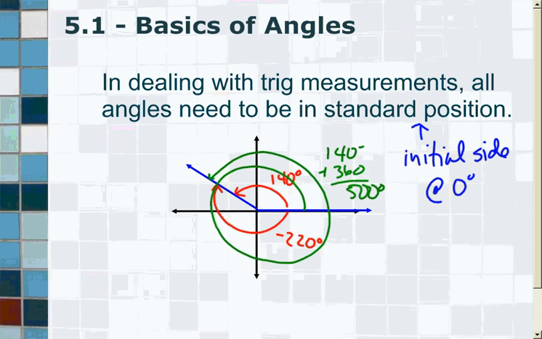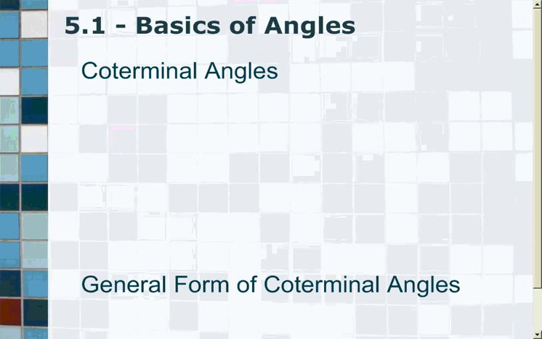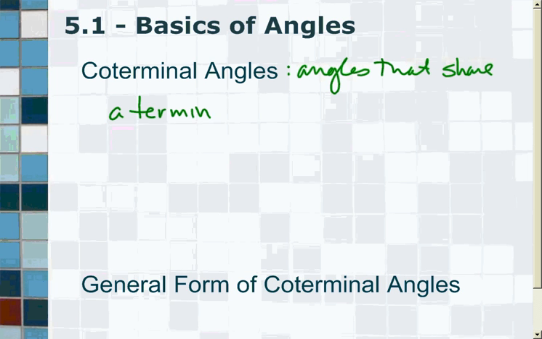Now, the thing about that is that those are going to be called, wait for it, coterminal angles. Coterminal angles are angles that share a terminal side, hence the prefix co there.